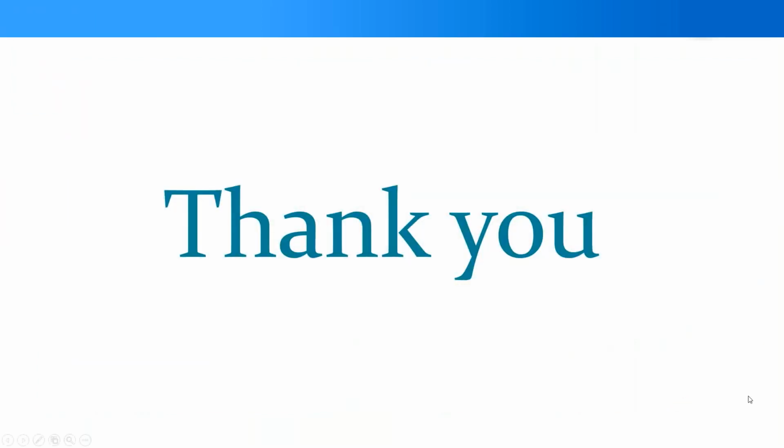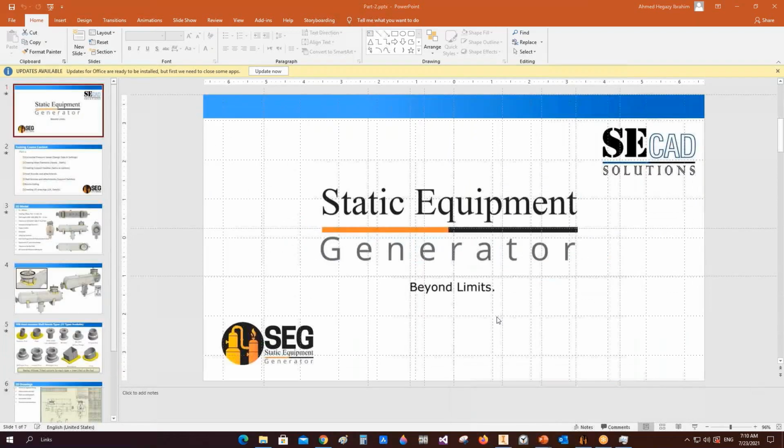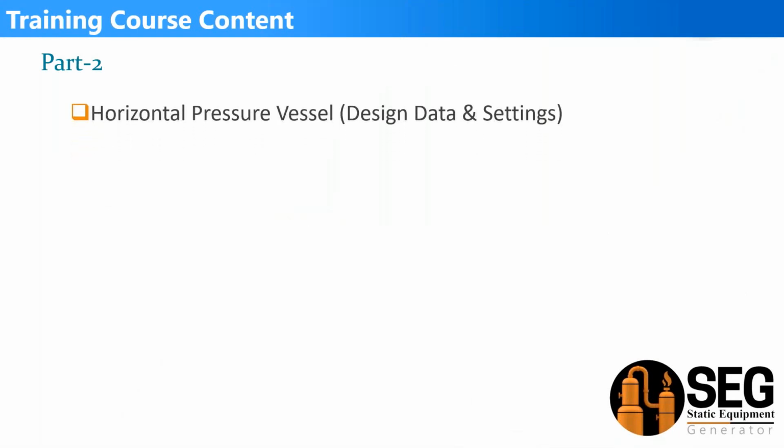Now we will make a real sample in this training. We will create, inshallah, a horizontal pressure vessel, and we will learn how to define the project information and the design data of the equipment, how to define the settings of the equipment, and how to create the main elements like head and shell and select the suitable type for our case.